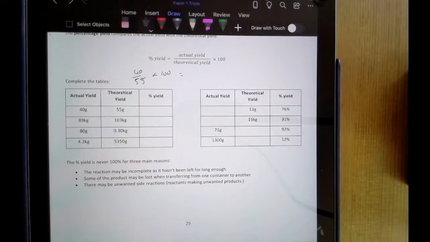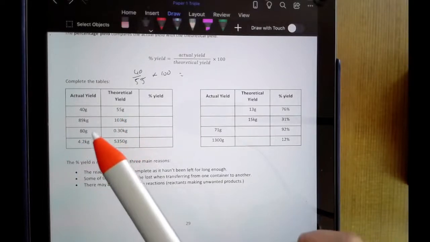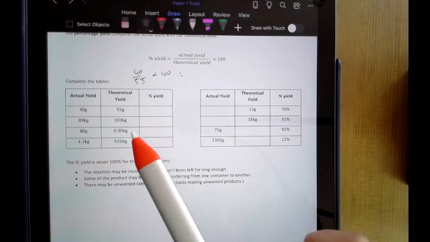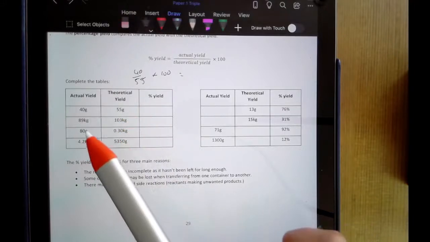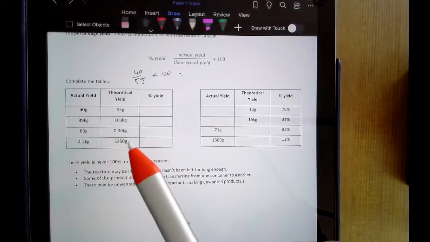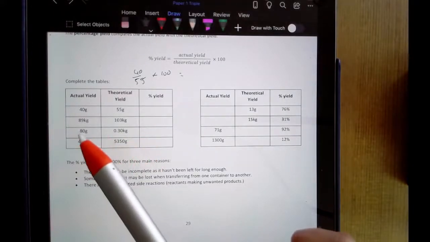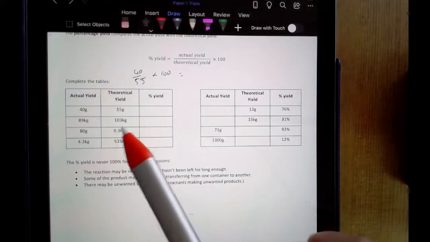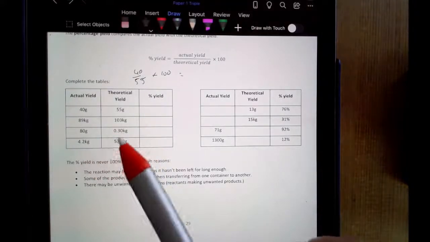The only thing to look out for when completing these tables is that you've got the same units for your actual and theoretical yield. So for the first 2, that's fine. But then on number 3, I've got grams and I've got kilograms. So it doesn't matter which way you do it. You can either go from grams to kilograms and have everything in kilograms, or you could convert your theoretical yield into grams so that everything's in grams.